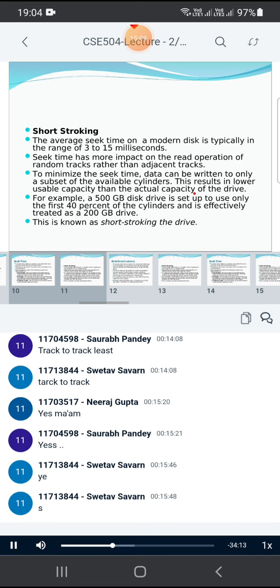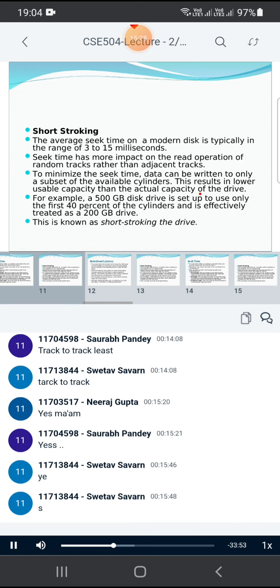We will not be utilizing all the tracks. Instead, we'll just be utilizing a subset of the tracks, because if the number of tracks reduces, seek time will also reduce, because the area which the head needs to cover will get reduced now.